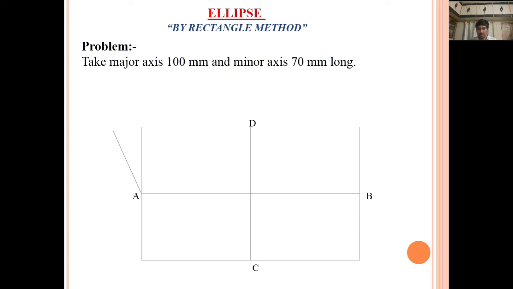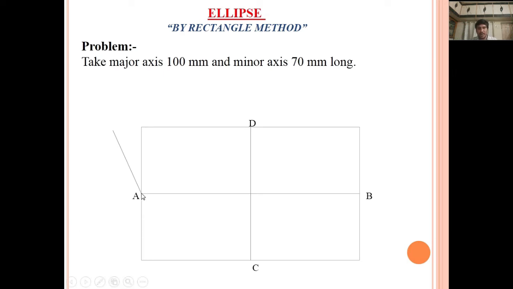Also, if you divide 50 mm into 4 equal divisions, that gives 12.5 mm for each division. That is also very difficult to consider or measure on our scale. That's why we are using the equal division method in this divided line.